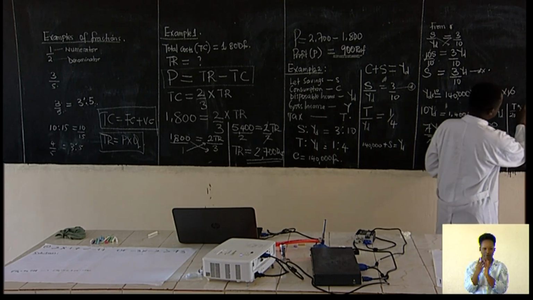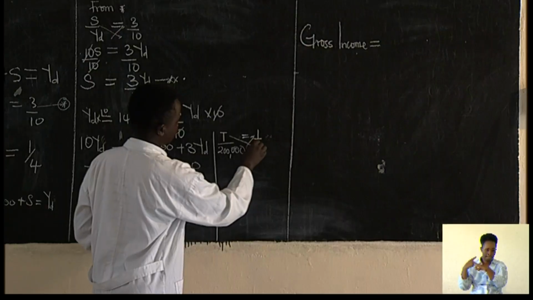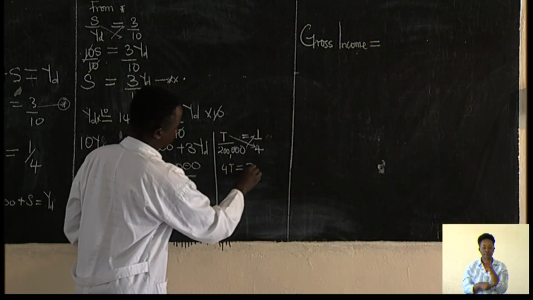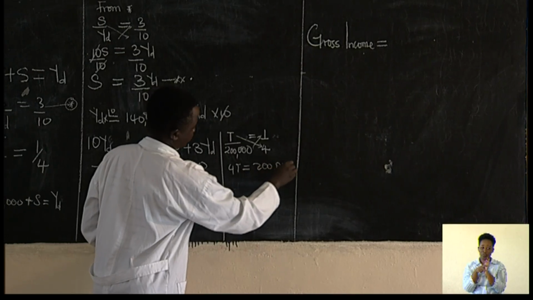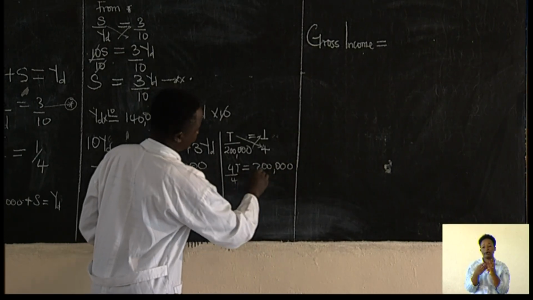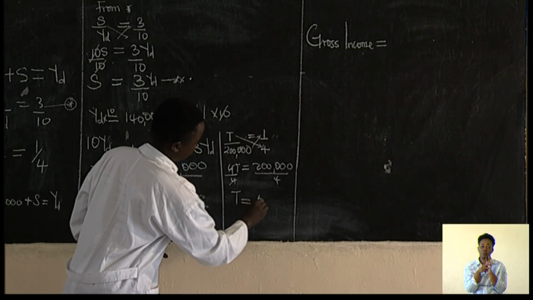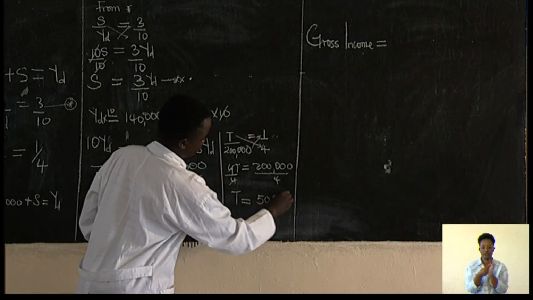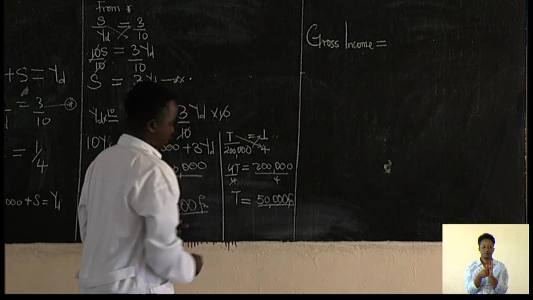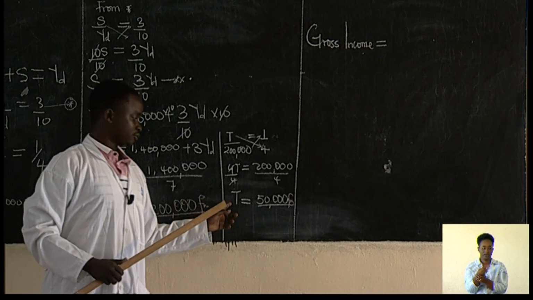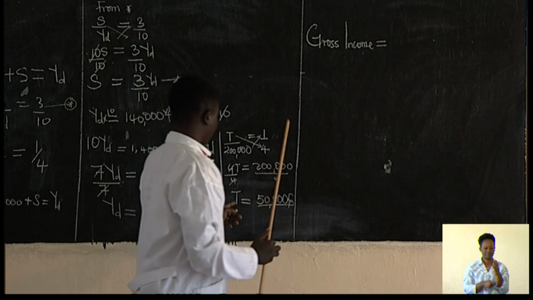Then from this, if you cross multiply, you will be able to get taxes charged. So 4 times the taxes is equal to 200, and therefore, when you divide by 4, the taxes here are 50,000.